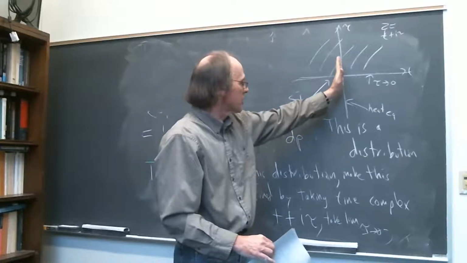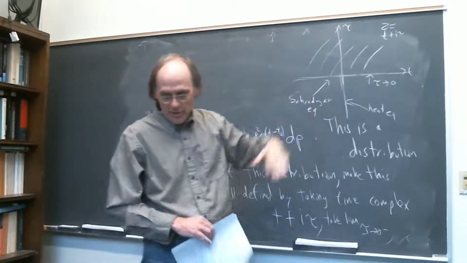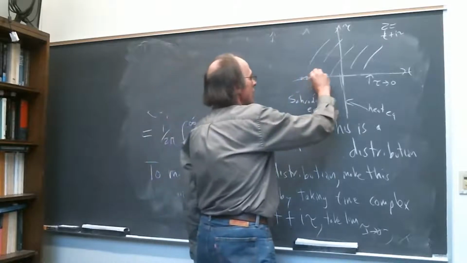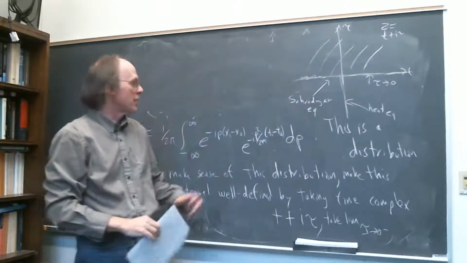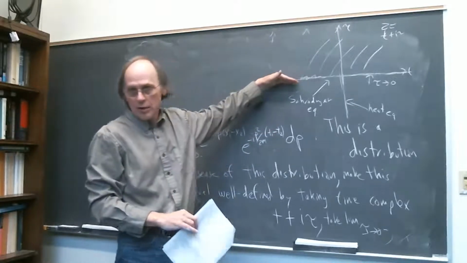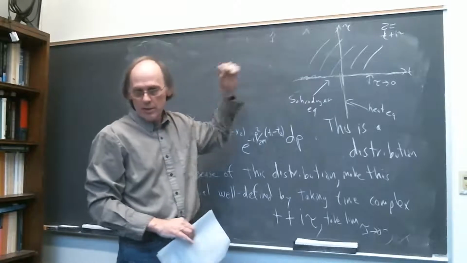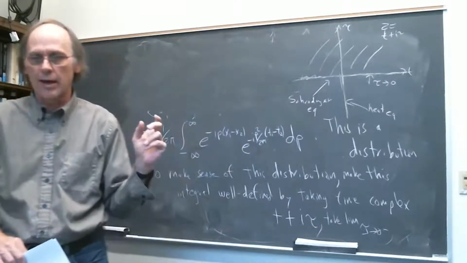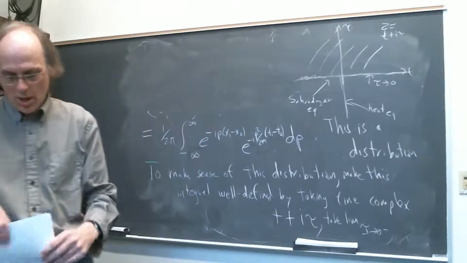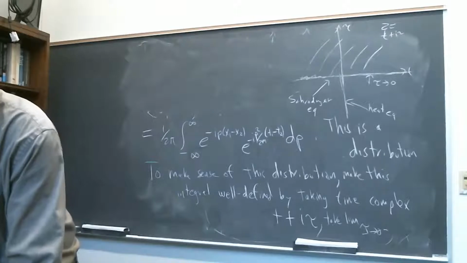So if you know what's happening here, you can analytically continue to the boundary. But something really funny is happening along here. If you just write down formulas and work at real time, you've written down something which you don't actually know how to make sense of. You have to do something. Okay, so that's the non-relativistic story.